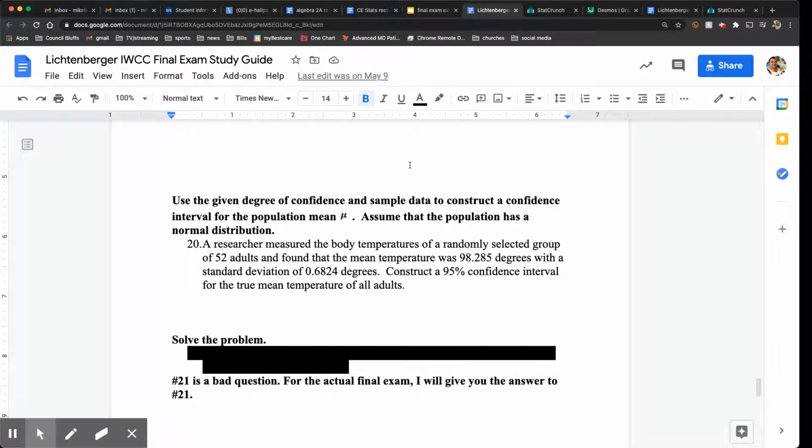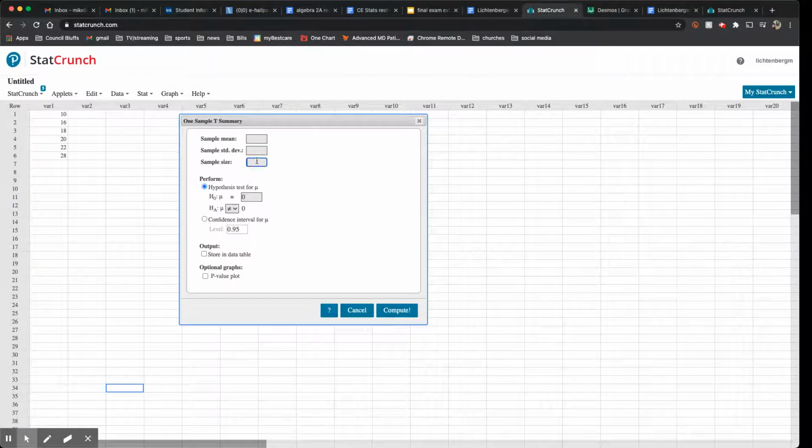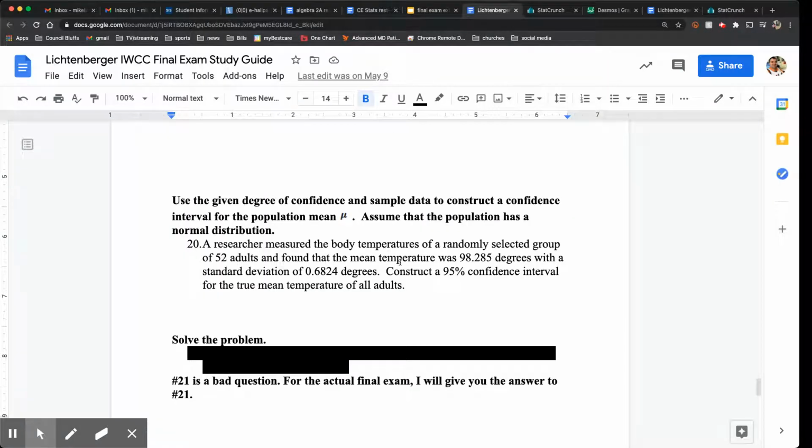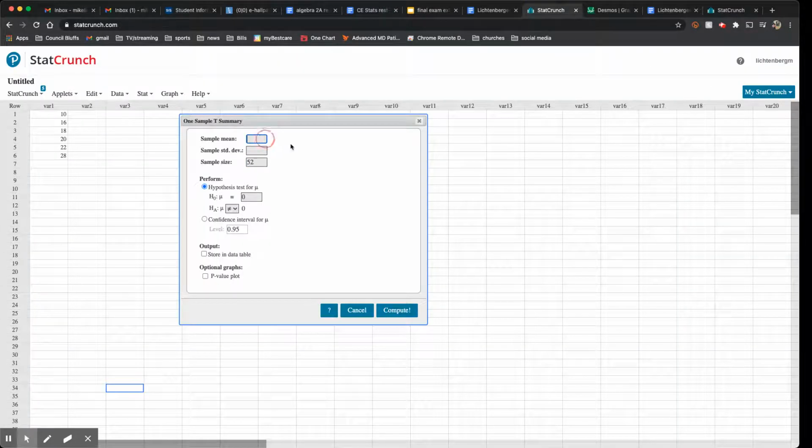Okay. So a researcher found the body temperature of a randomly selected group of 52 adults. So that right there is the sample size, 52. Found that the mean temperature was 98.285 degrees.